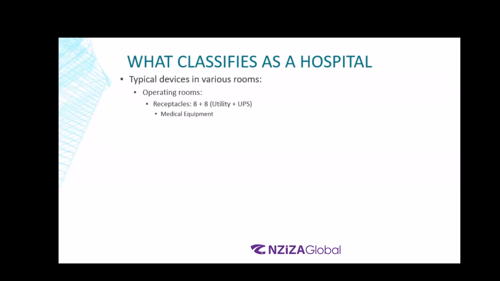Now, what is connected to these receptacles? Of course, the medical equipment. There might be monitors. So these are the typical equipment that are connected to those receptacles. All right. Next, talking about lighting. Has anyone come across this term called lux levels? Lux, L-U-X. Luminaire is another name for lighting fixture.